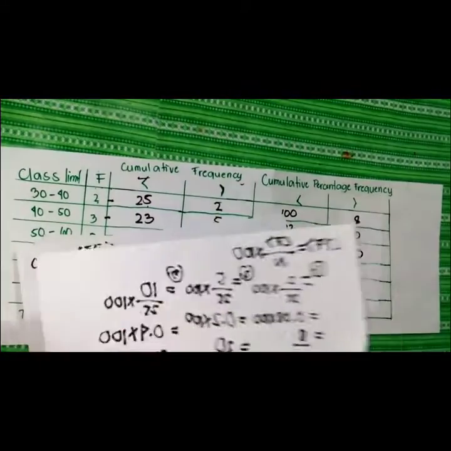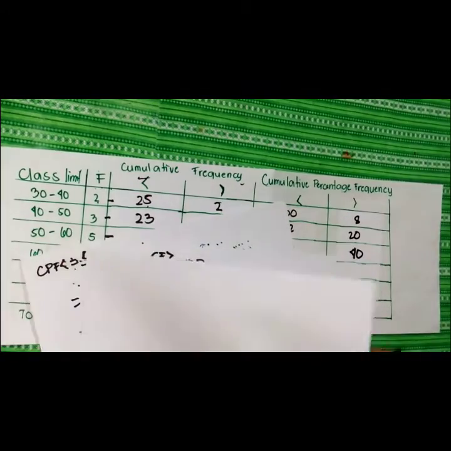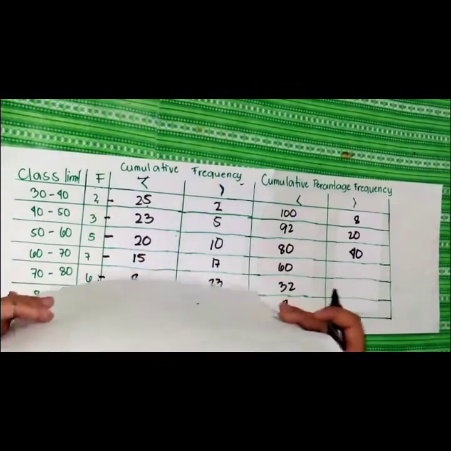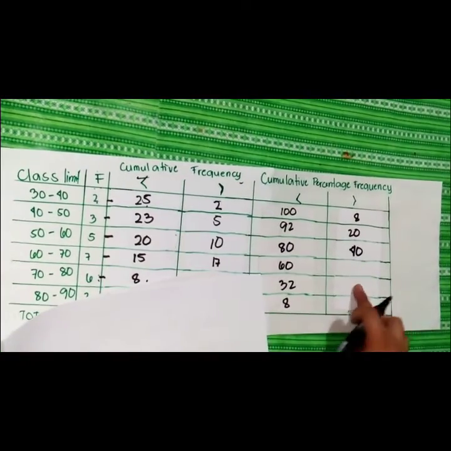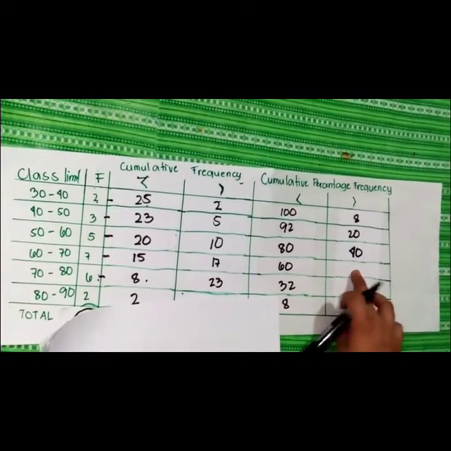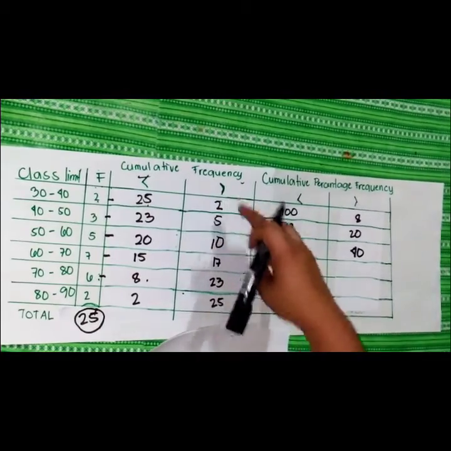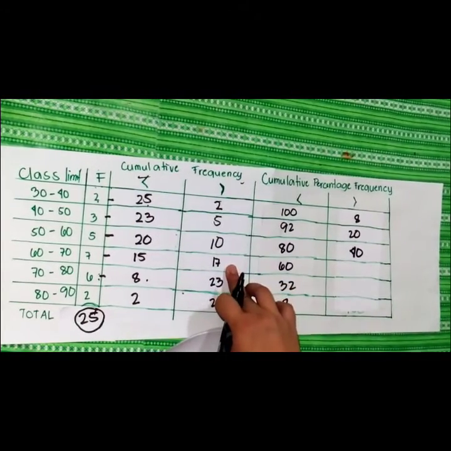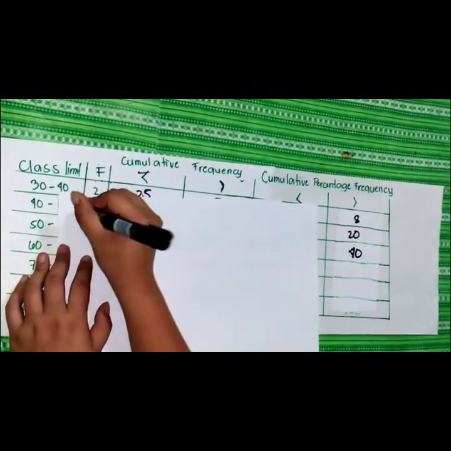So another example to get the answer again in the fourth, fifth, and sixth row. So in our cumulative frequency greater than, we have a number of 17. So we are going to write the formula first.